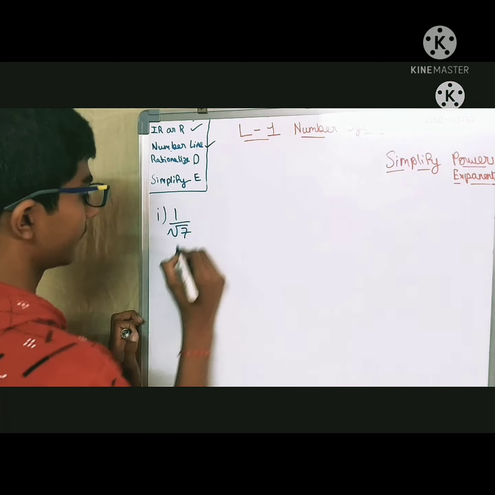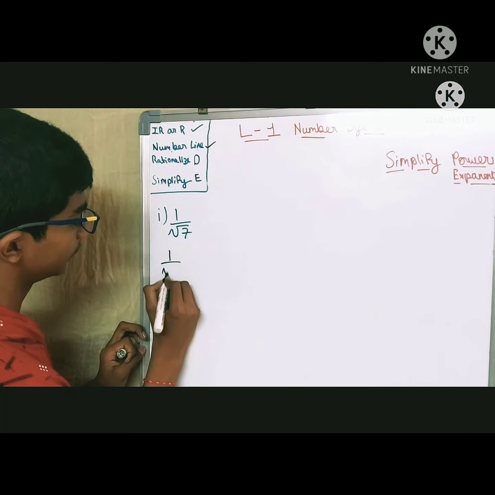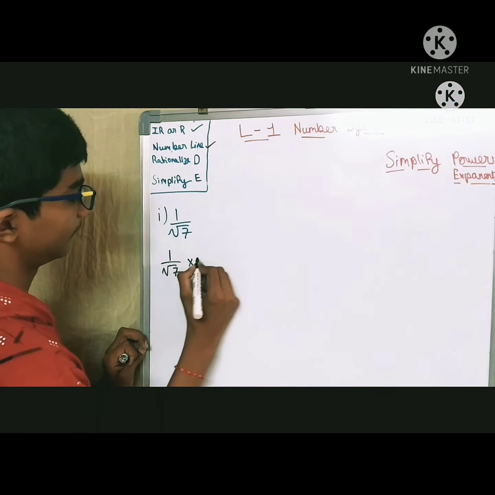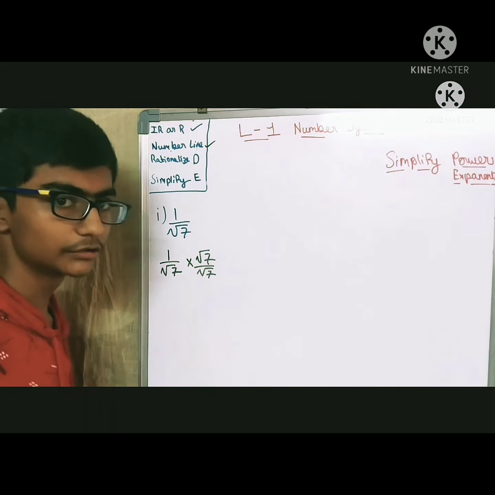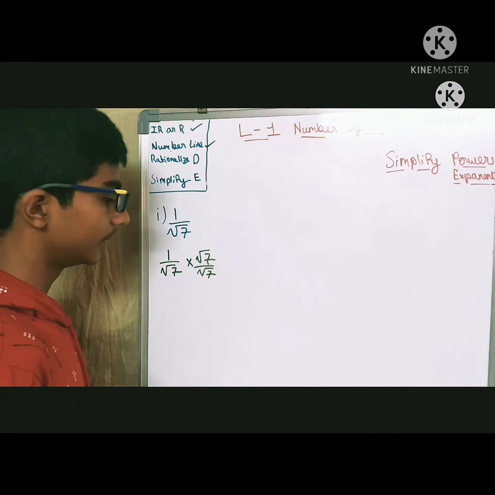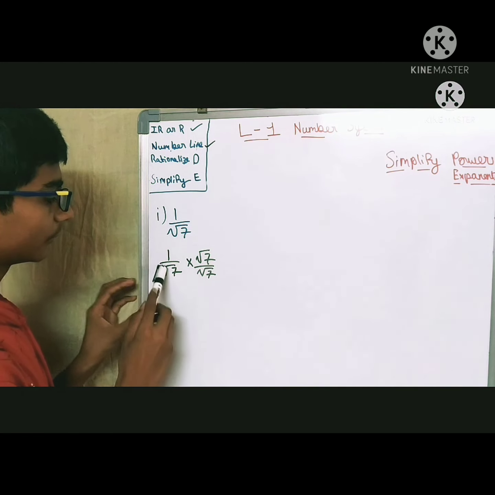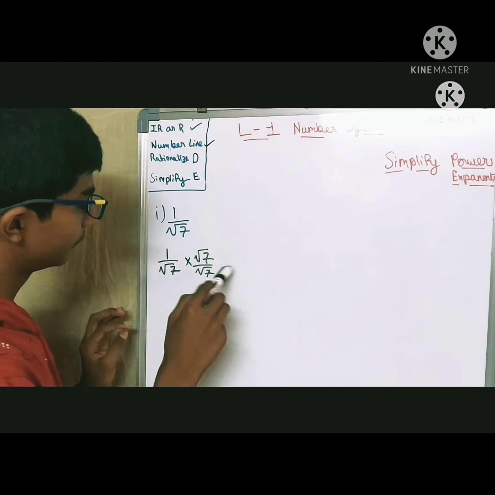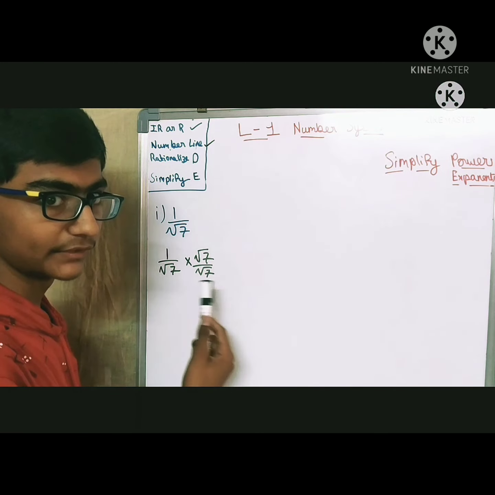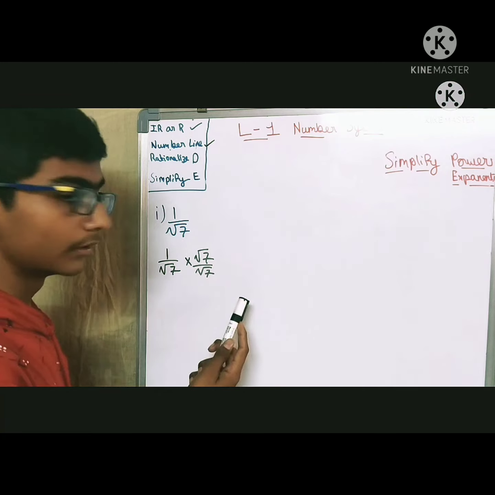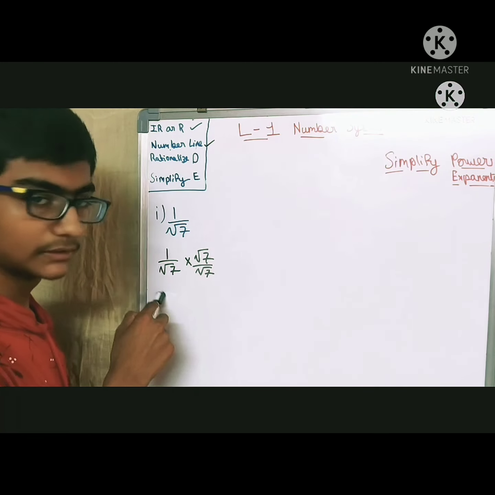So now, can we do this: 1 upon under root 7 multiplied by under root 7 upon under root 7? This is another form of 1. So we can do it, because 1 upon under root 7 multiplied by 1 is equal to 1 upon under root 7. So the output will be the same.